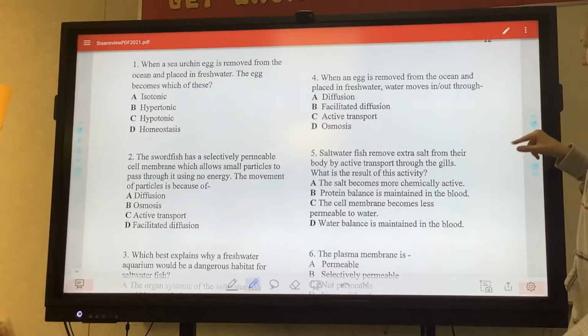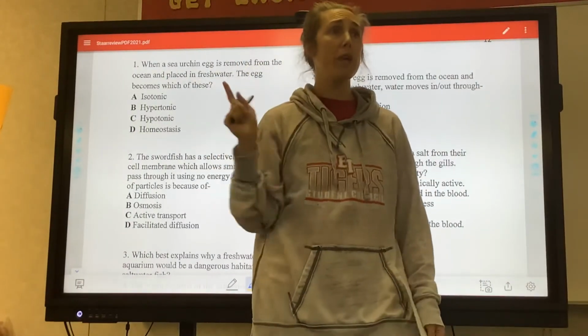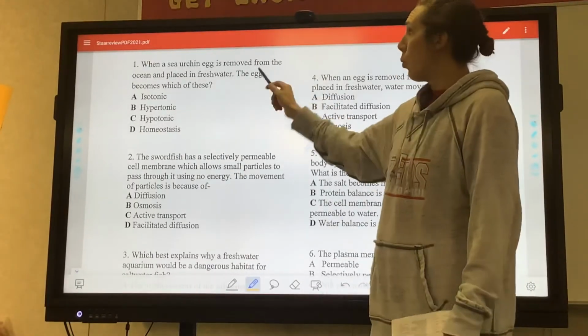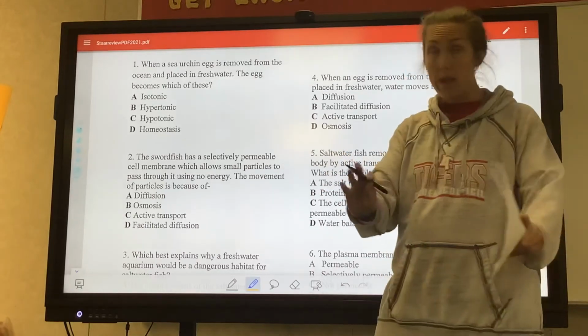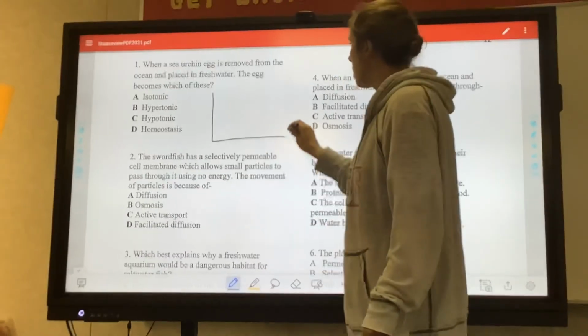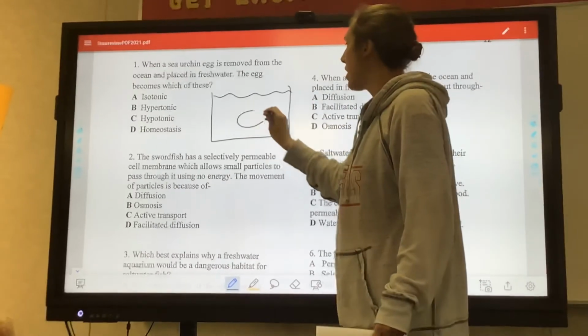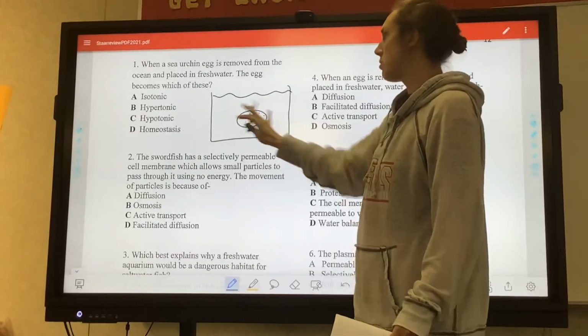So I'm just gonna do this first one with you to show the importance of drawing stuff out when it comes to osmosis, okay? So, when a sea urchin egg is removed from the ocean and placed in fresh water, I'm going to draw that out. Ready? Here's the fish tank. A sea urchin egg is removed from the ocean, so I know the egg is salty. And then the fresh water is not.